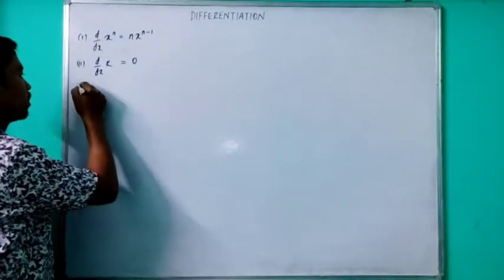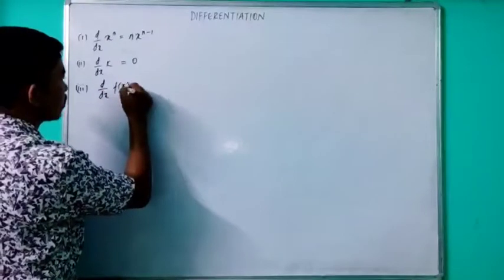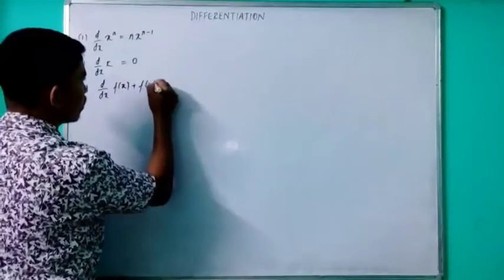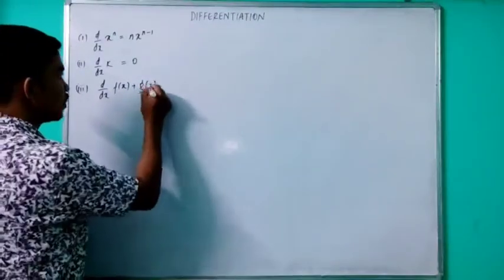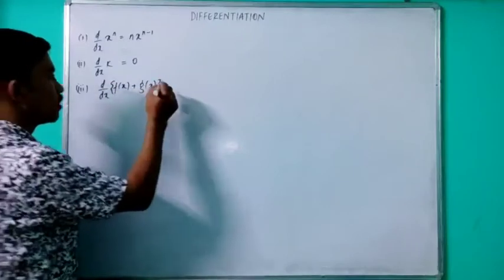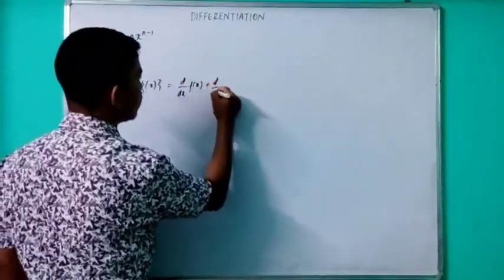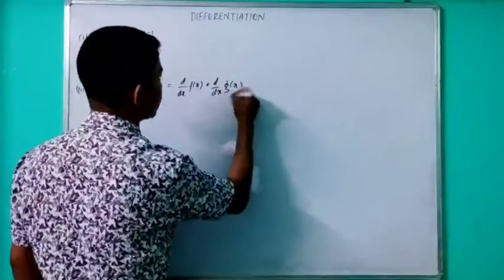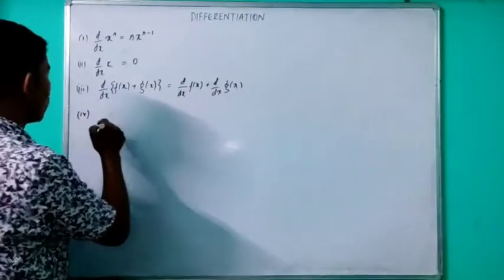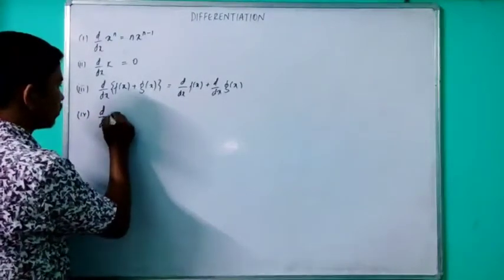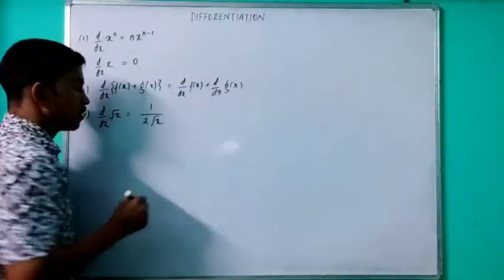And we had also learned that if I have d by dx of f of x plus g of x, then this will be equal to d by dx of f of x plus d by dx of g of x. And then we also had a formula like d by dx of under root of x is equal to 1 divided by 2 under root of x.